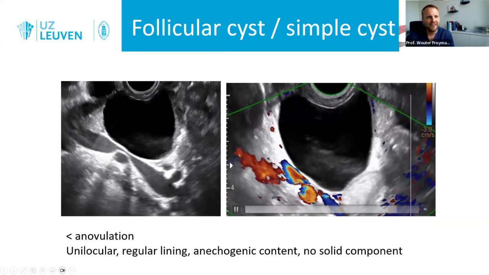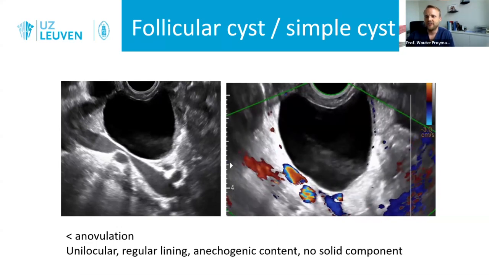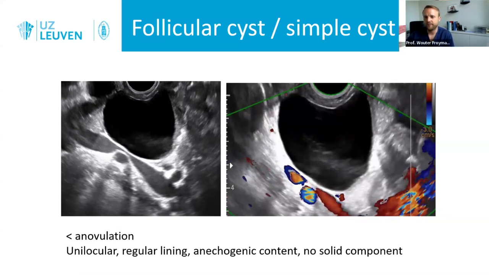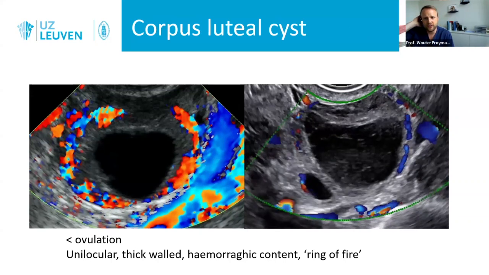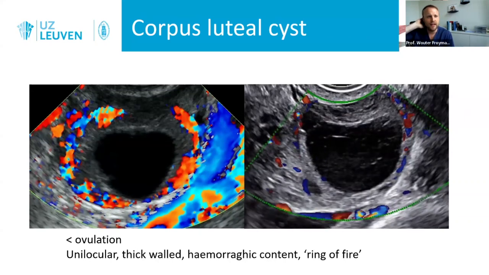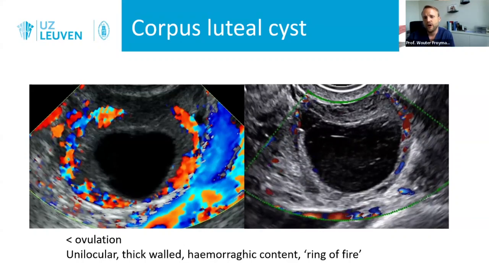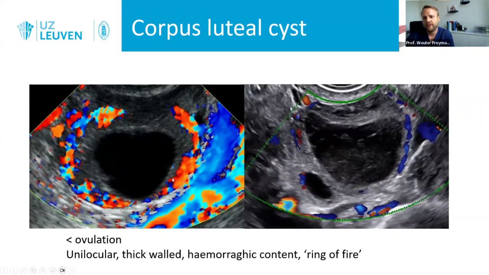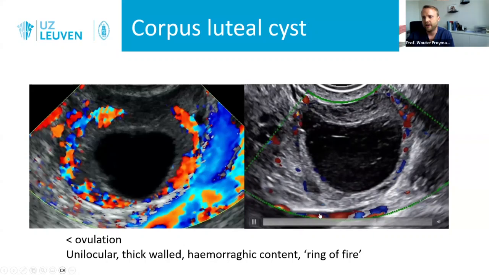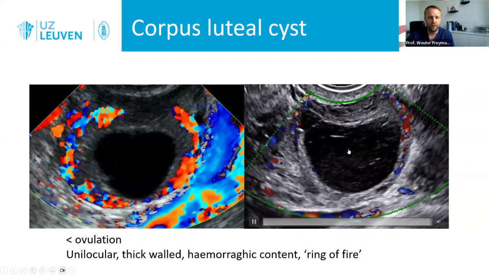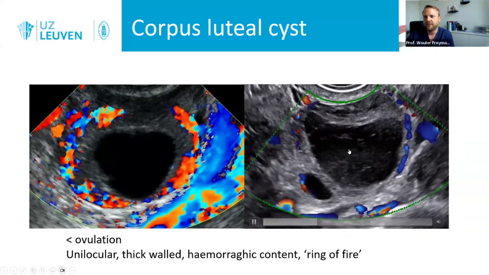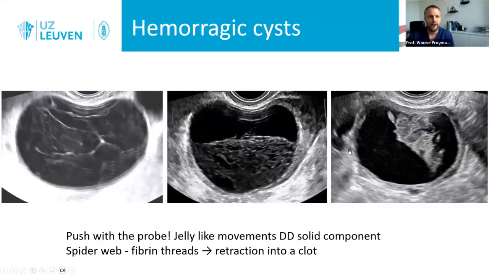So this is a very common finding for all gynecologists, follicular cysts. If the patient had an ovulation with some hemorrhage, you can have a corpus luteum cyst, as you all know, with a thicker wall and the very typical ring of fire and the hemorrhagic content. So these are easy for most of us to identify.